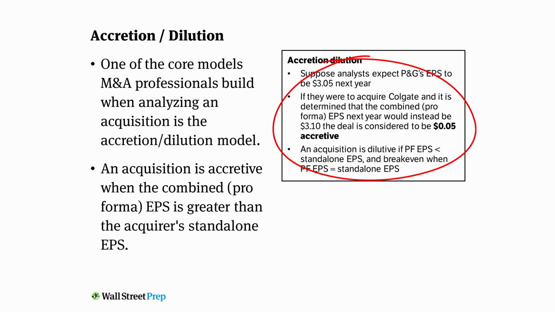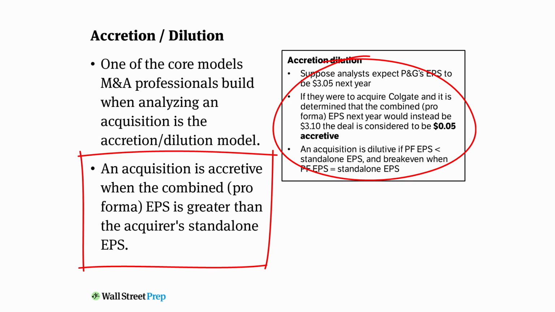We just talked about the accretion dilution or the M&A model as an important part of the analysis. The core model that M&A professionals build when analyzing an acquisition is called the accretion dilution model. Basically, an acquisition is accretive when the combined pro forma EPS, the two companies' EPS together as a combined entity, is greater than the acquirer's standalone EPS for that same period.